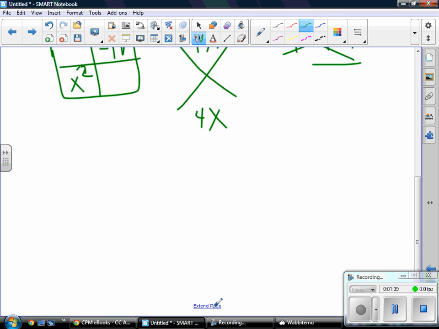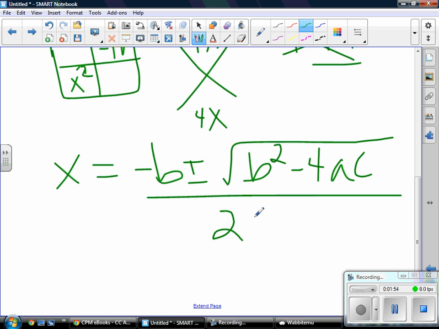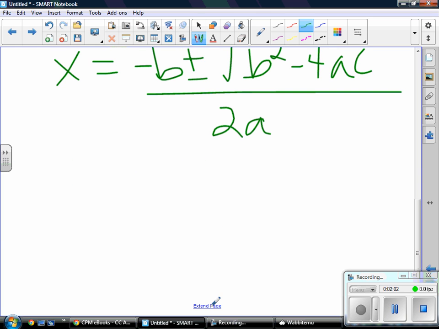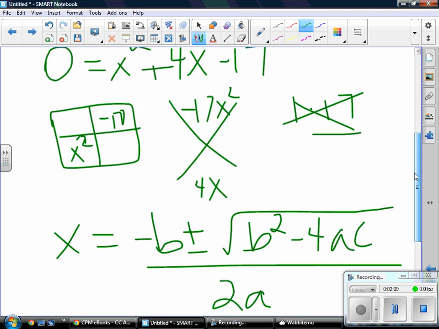I'm going to use the quadratic formula. So here's the quadratic formula. Okay, so the opposite of b plus or minus the square root of b squared minus 4ac all over 2a. So we're going to plug in those things. Our b value is positive 4.